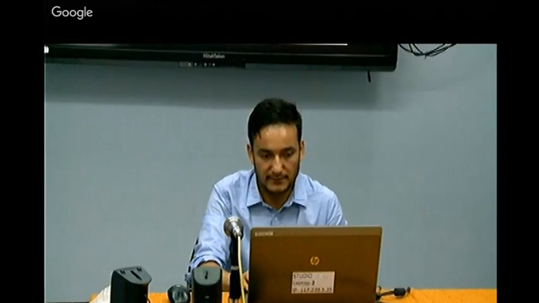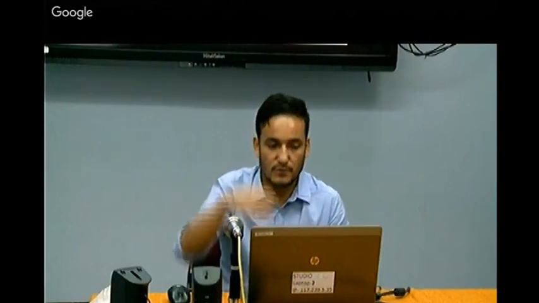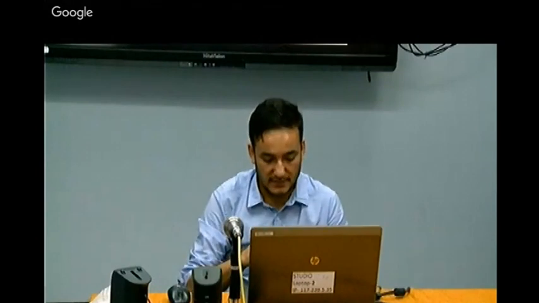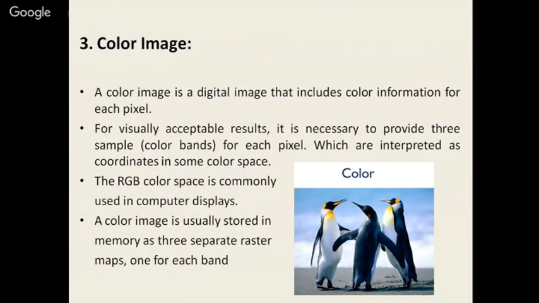Basically, the 3 basic colors, the red, green, blue color space, is commonly used in computer displays. A color image is usually stored in memory as 3 separate raster maps, 1 for each band, so each layer represents one basic color.